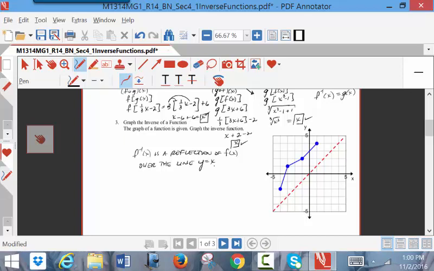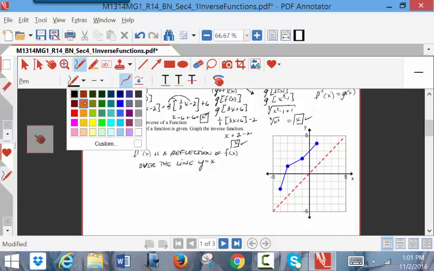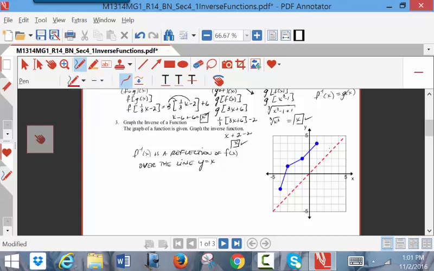So the inverse function is a reflection of the original function over the line y equaling x. All right, so where's the line y equaling x? The red line in your graph here is your y equaling x, or your dashed line since you're printed in black and white.